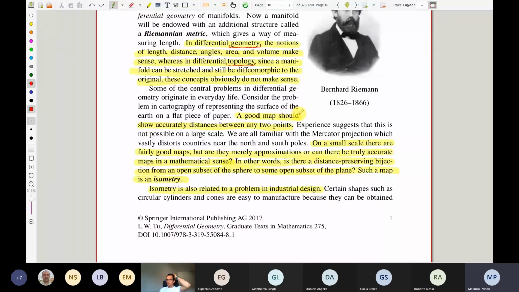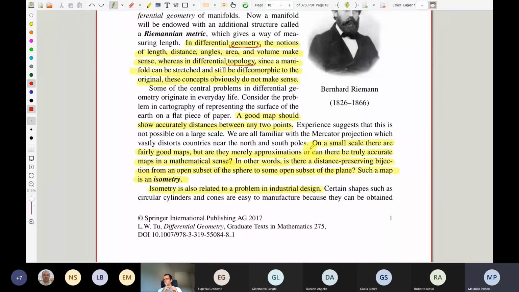You would agree that a very good map should show accurate distances, meaning that distances are proportional. But you know, it is not the case on a map. The problem of the Mercator map is the fact that distances are vastly distorted around the poles.